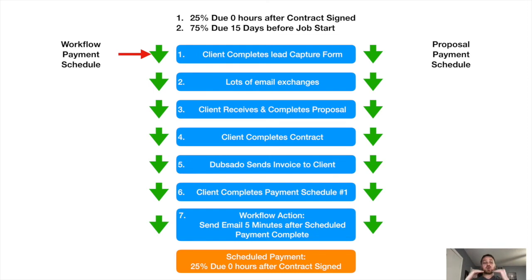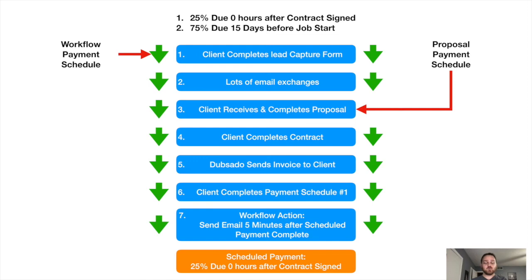So we're starting with the workflow payment schedule, okay? And then we go through the activities, and then we get to the client receiving and completing the proposal, which now introduces the proposal's payment schedule, okay?